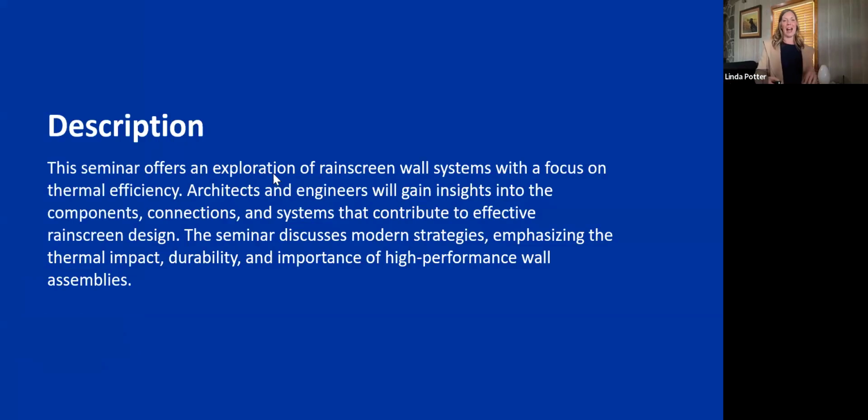And here's where we're at. We're going to talk about Rainscreen walls, and with a focus on thermal efficiency and what goes into that from the lens we're going to talk about today. And I know there's a lot of different ways you can look at that.